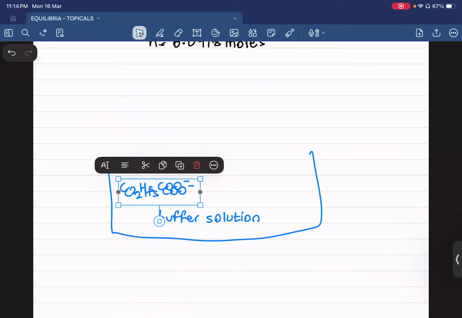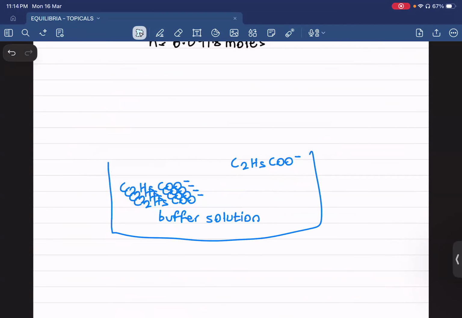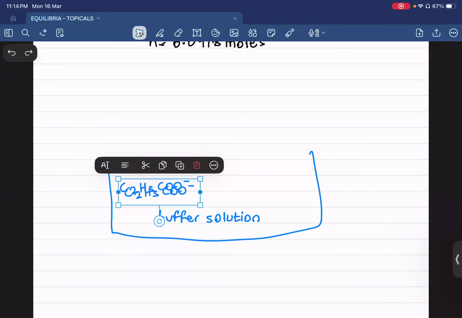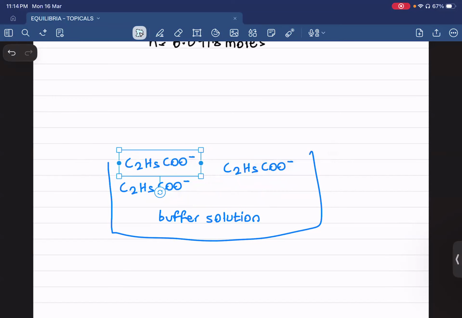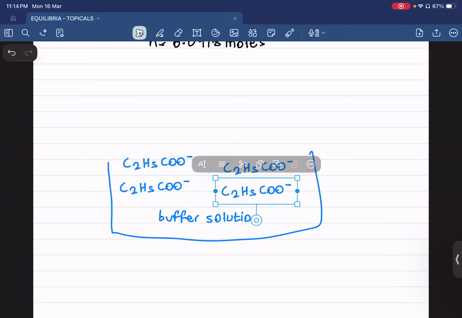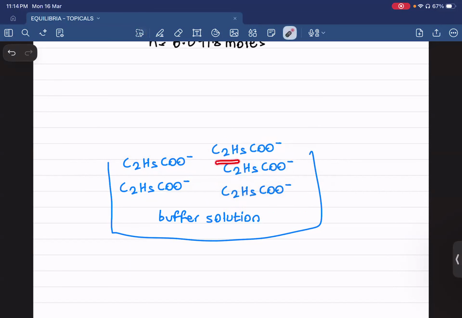This is 1, 2, 3, 4, 5. Are these ions acidic or basic? They are basic, right?